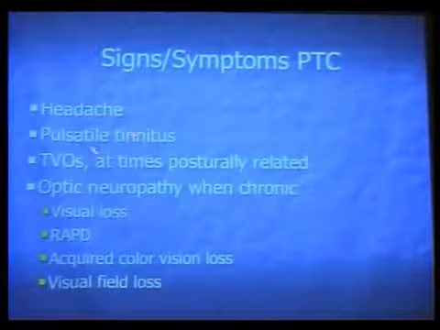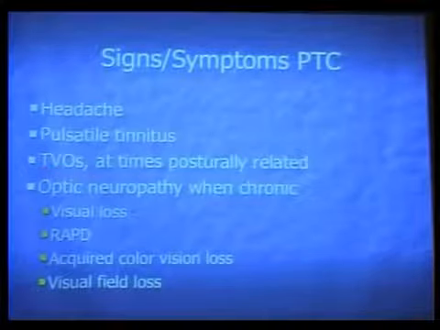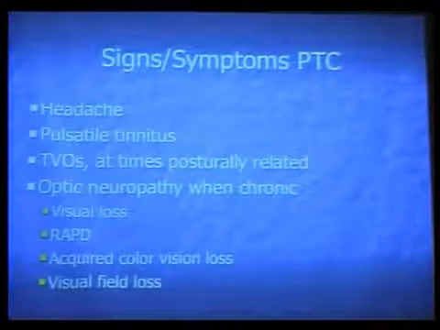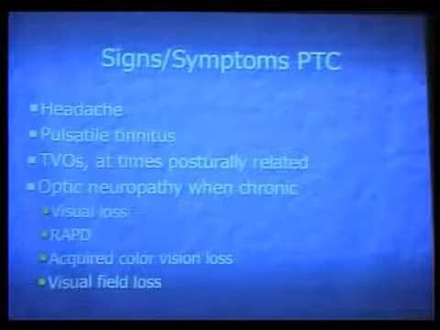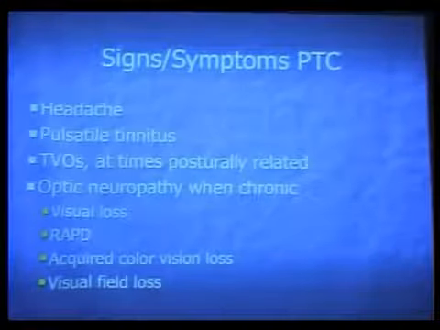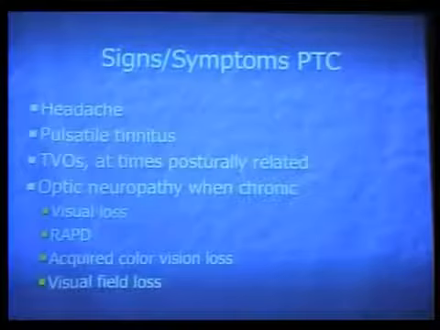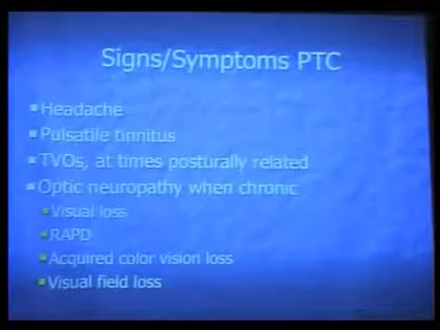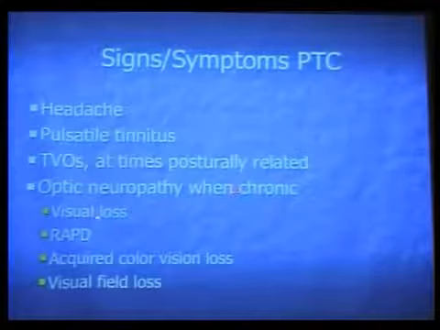They have pulsatile tinnitus, they hear noises, they can have transient visual loss, but it's not like the amaurosis fugax that you heard about before. This transient visual loss lasts a second or two, and it's like the rheostat is turned down in the room. And it usually happens when you change positions from a sitting to a standing position. And it can be in one or both eyes.